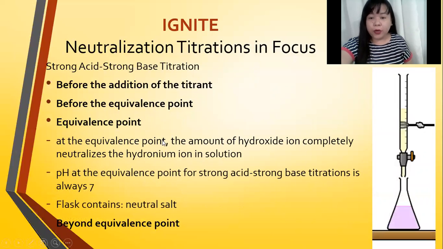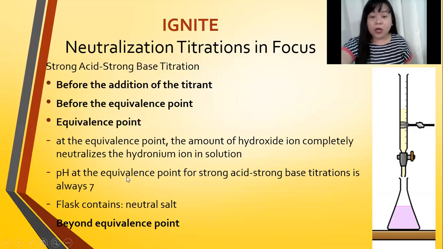At equivalence point, this is when the amount of hydroxide ion completely neutralizes the hydronium ion in solution. So at this point, there is no excess analyte, there is also no excess titrant, and instead they are completely equivalent with each other. And if we are using a phenolphthalein indicator, we should already be able to see a faint pink color.